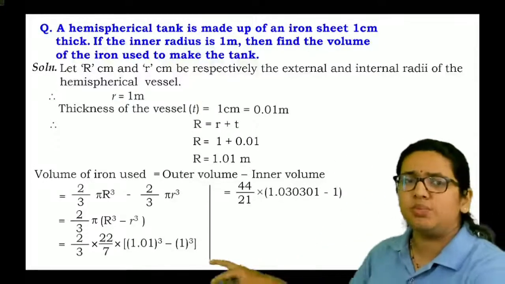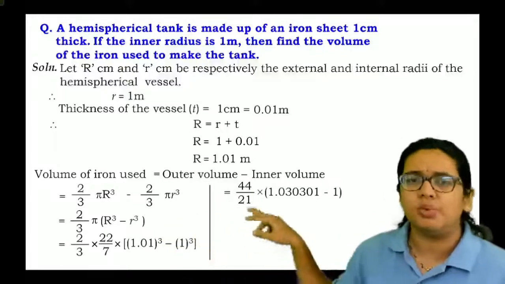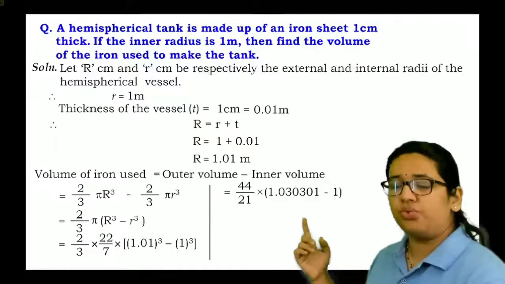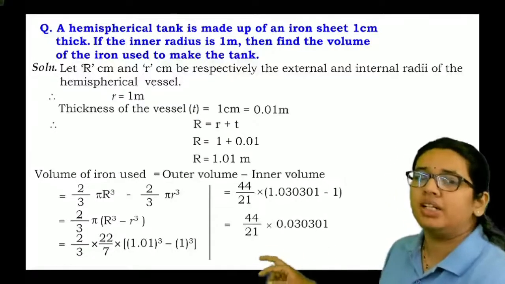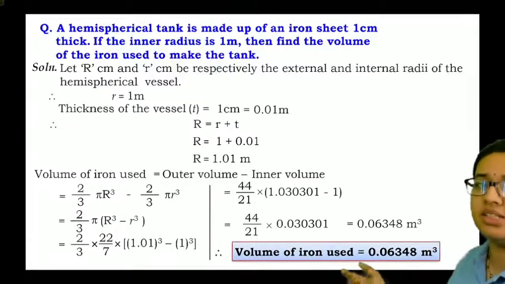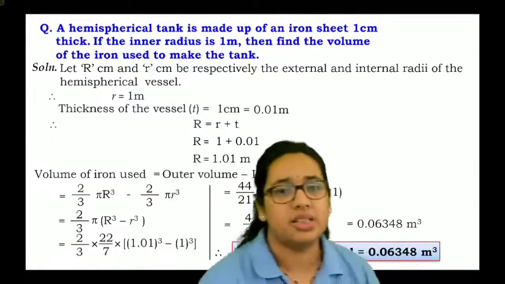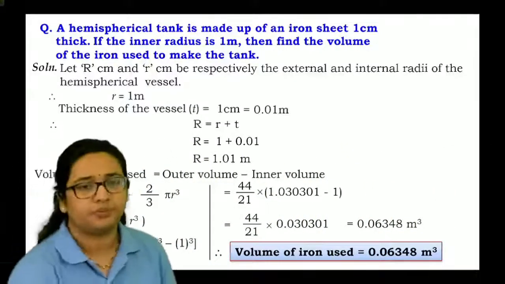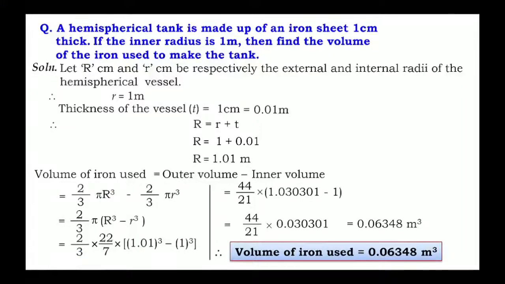So 1.01 cube will be 1.03031 minus 1. So you will get its final answer as something like this, that is 0.06348 meter cube. If you want to take a screenshot, just go through it.